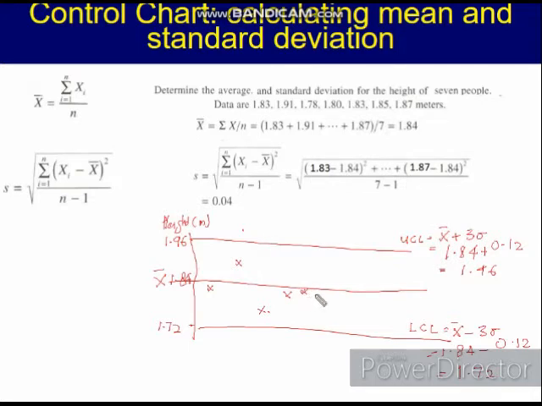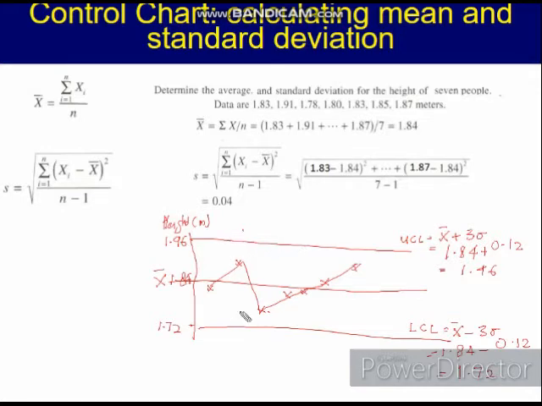So I'm not doing it to scale. 1.85 is somewhere there, and 1.87 would be somewhere here. So this would be the control chart for this particular data.